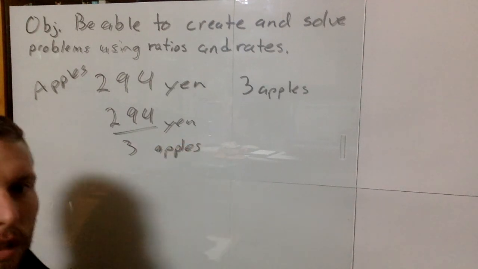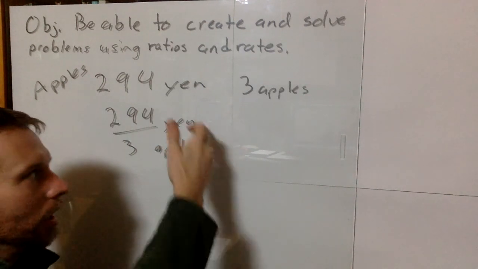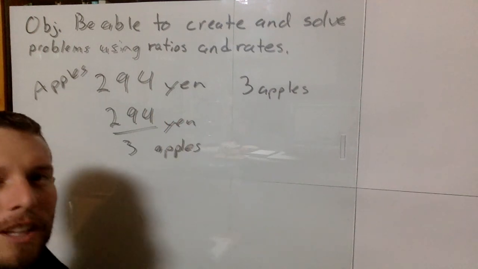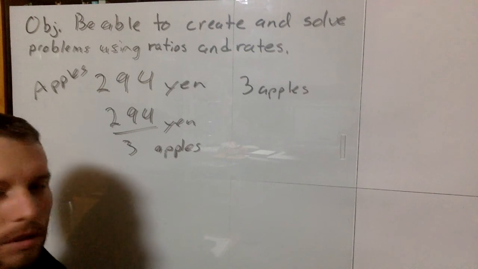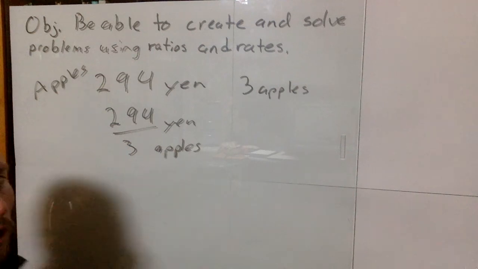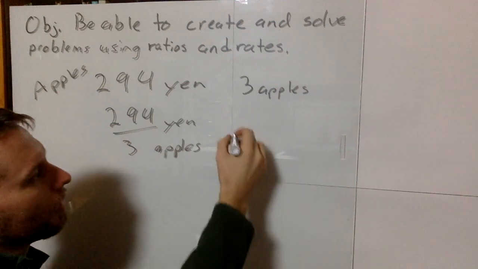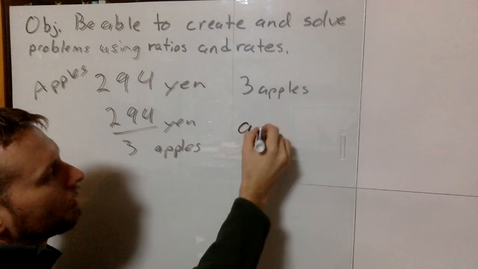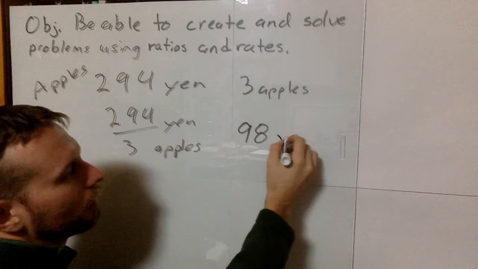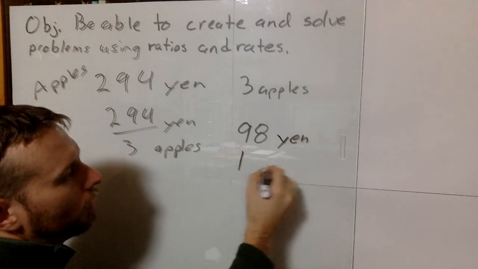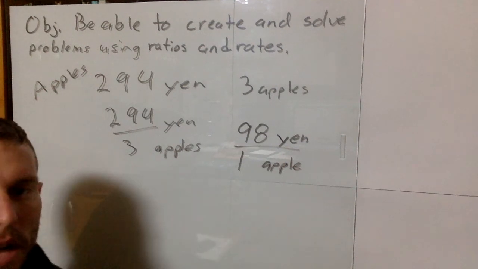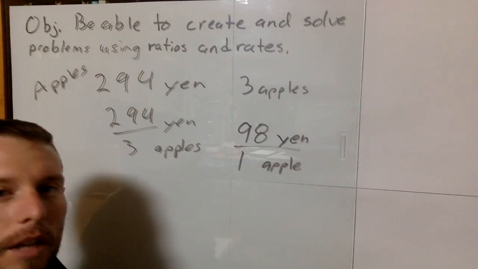Again, notice we're talking about a money currency and a fruit, so these are not the same units. If I divide 294 by 3, I get 98 yen for 1 apple. So each apple works out to be 98 yen.